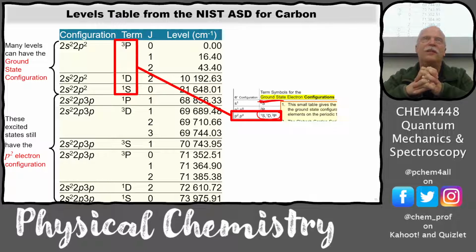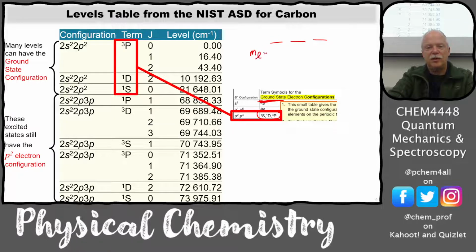What would be a violation of the Pauli exclusion principle in the ground state that's not in the excited state? Remember, those three p orbitals are degenerate because they have m sub l equal to -1, 0, and 1. I cannot put two spin-up electrons in the same m sub l. So we can't do that.